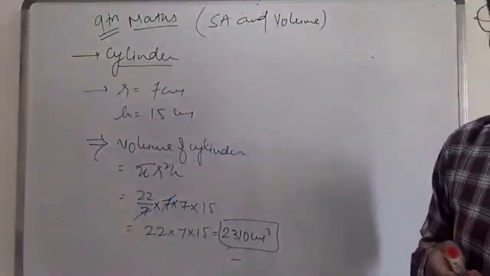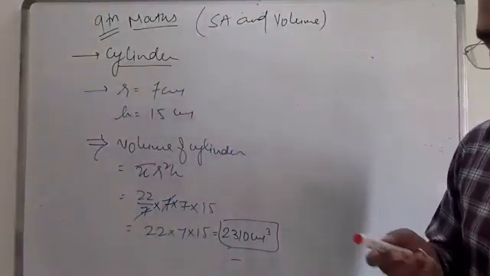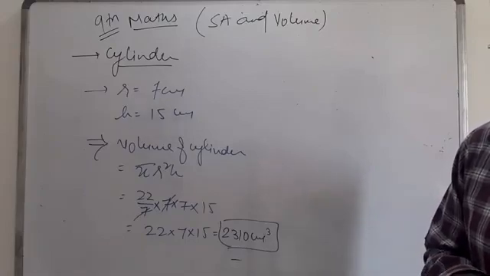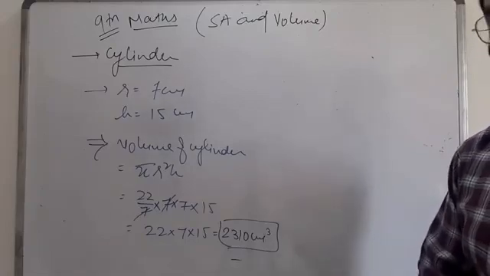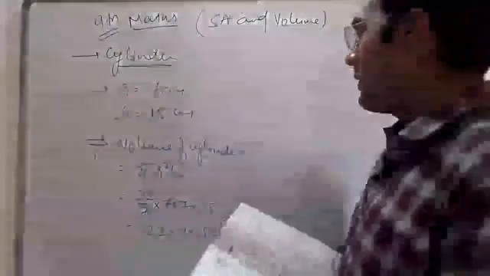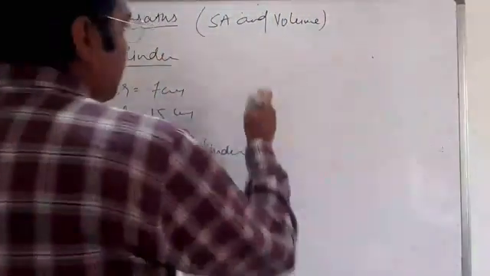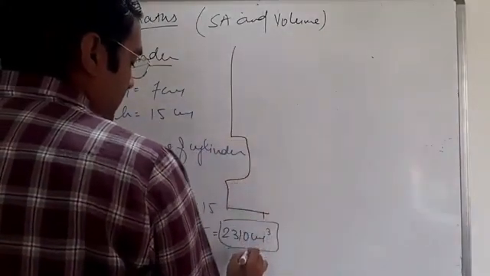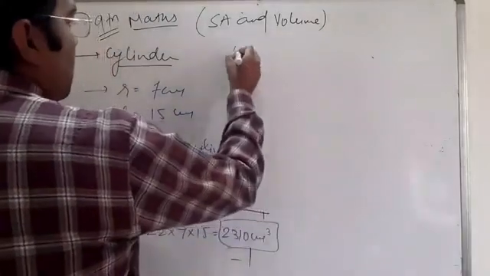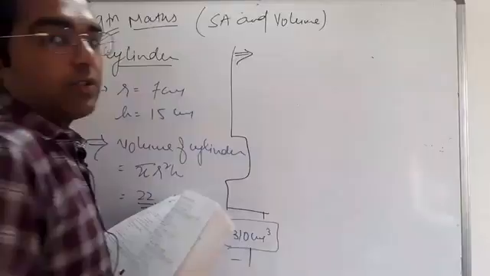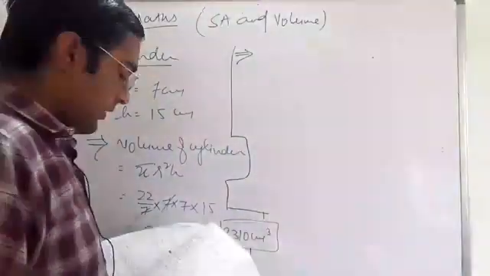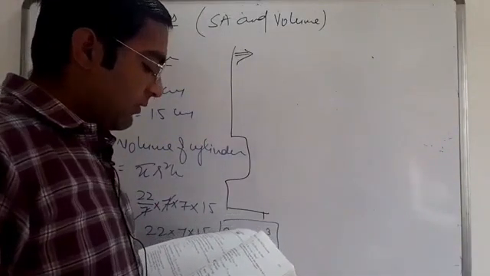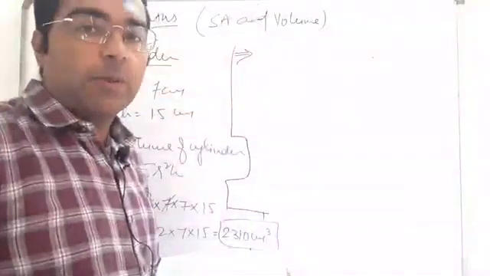Now we are moving on to the second question: the area of the base of the right circular cylinder is 154 centimeter square. In this cylinder the base is the circular portion, so the area of the base is 154 centimeter square.